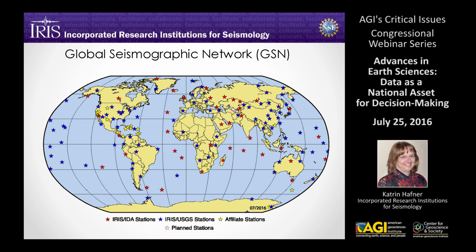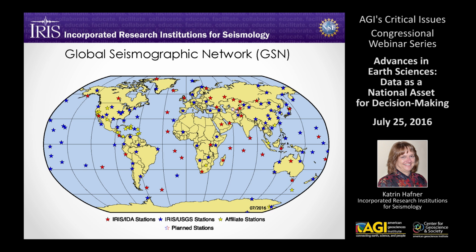I'll be focusing mainly on something called the Global Seismographic Network. This is the gold standard of seismic networks because of the quality of the instrumentation and also the quality of the installations. It's a network of about 152 stations distributed globally, as you can see on this map.